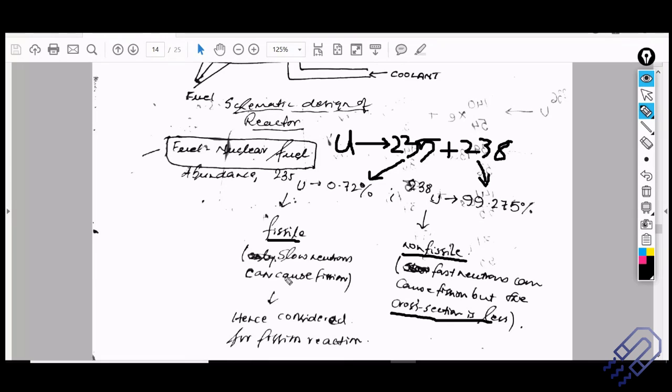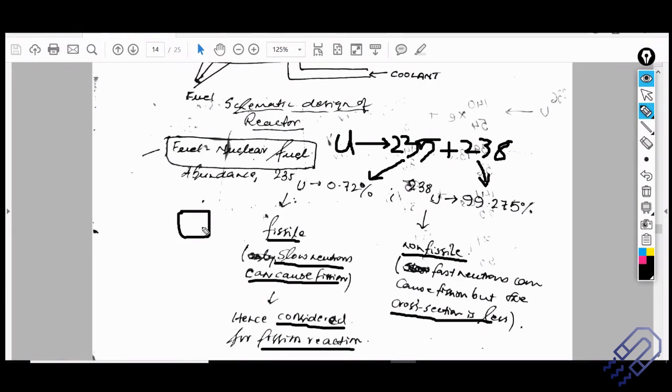But when we talk about uranium-235, a slow neutron can easily set up a fission reaction. For this purpose, most of the time, for any kind of fission reaction, uranium-235 is considered. Now if I have some amount of uranium and most of it is uranium-238, then my chance of a fission reaction is less.